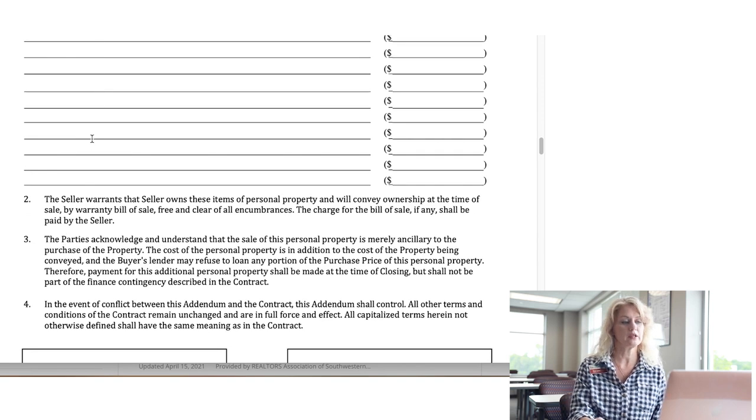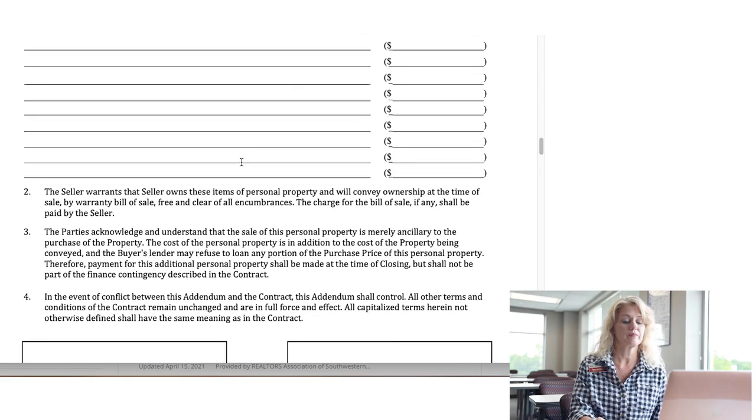Sometimes furniture may be included, or the buyer may want to request the bar stools or the kitchen breakfast bar stools, whatever. So you'd want to identify those. Again, zero valuation. Now the seller could come back and counter with a different personal property addendum, but the buyer has the right and the opportunity to ask for whatever personal property they want to ask for.